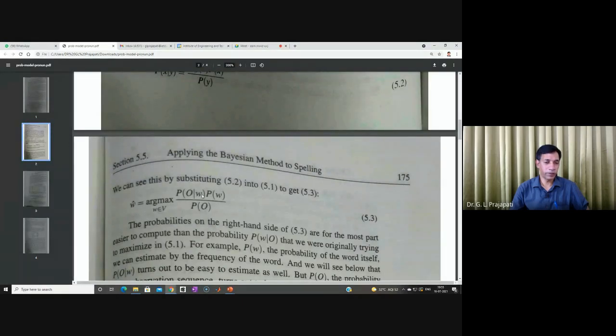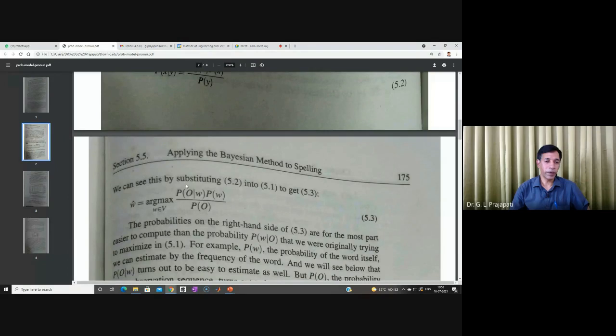Now you need to determine the observed sequence corresponding to the given word. So for all possible words in the corpus, you are going to determine the probability of the observed sequence.